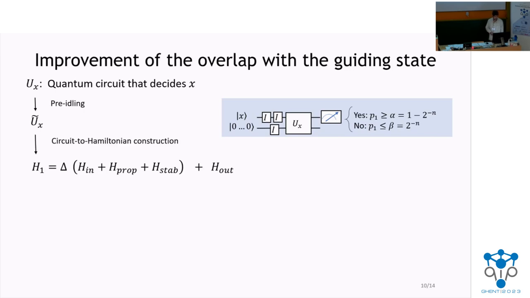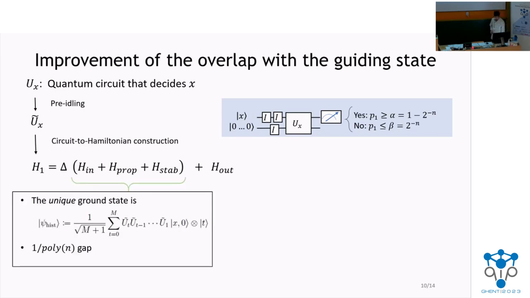And we apply a circuit Hamiltonian construction for this U-tilde_X to obtain the first Hamiltonian H1 of this form. And we can analytically show that for the first three terms of this Hamiltonian, this part has a unique ground state, which is given by the so-called history state. And we can also show analytically that this part has a 1 over poly gap.